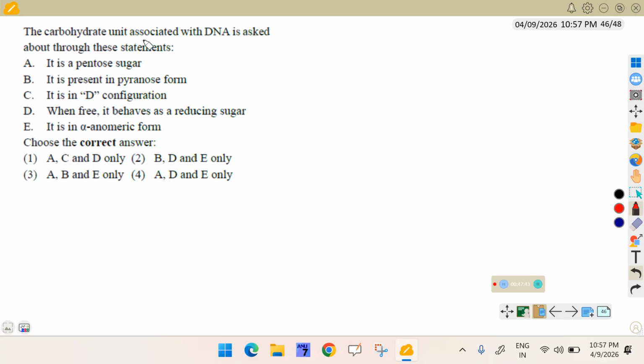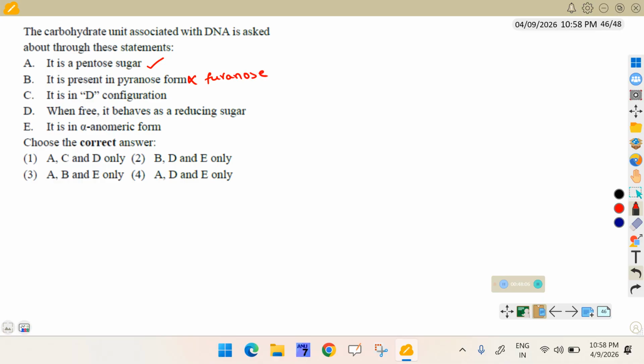The carbohydrate unit associated with DNA is asked about through these statements. It is a pentose sugar, correct. It is present in pyranose form, wrong. It is present in furanose form.